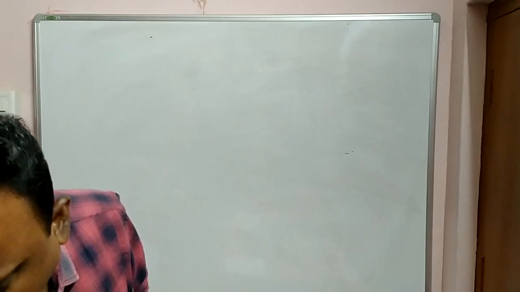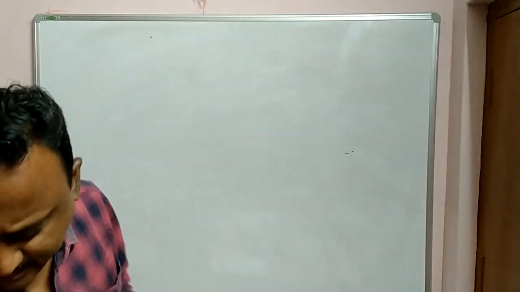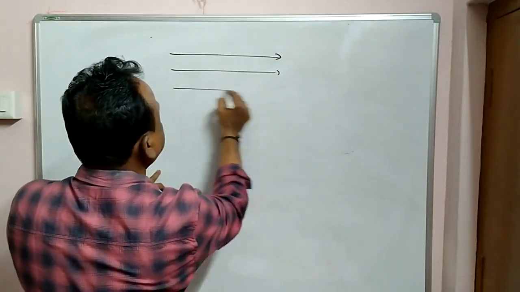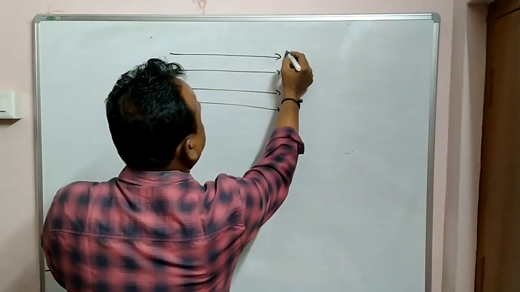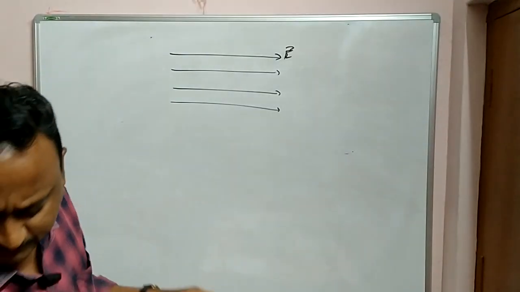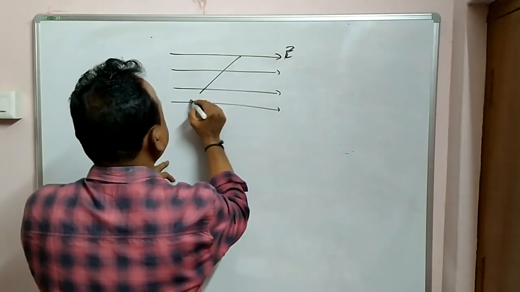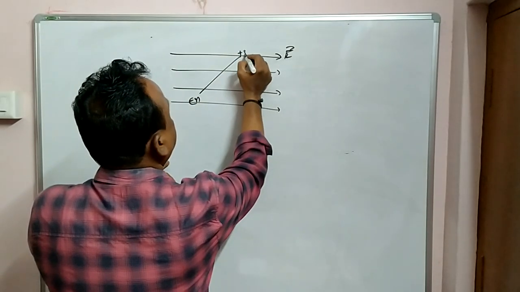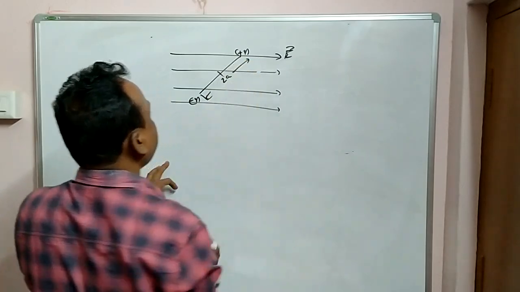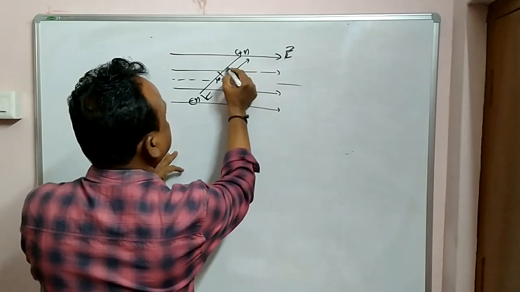Suppose this is the electrical field direction. Now in this, for example, as you know, 2a distance or 2l distance is placed at some angle, for example, theta angle.